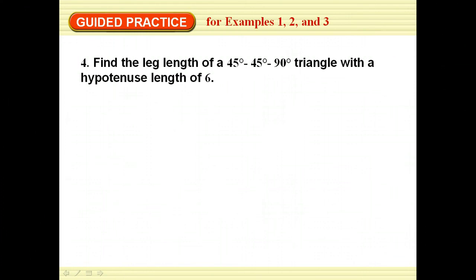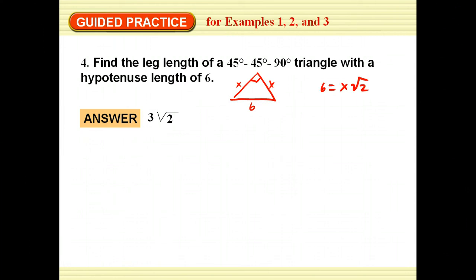Find the leg length if I have a right isosceles triangle with a hypotenuse of 6. So once again, we have that 6 is equal to the leg times square root of 2.